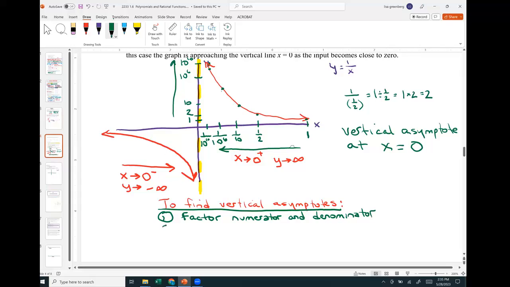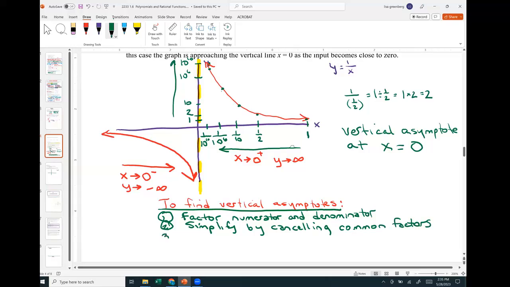Step 2, simplify by canceling common factors.